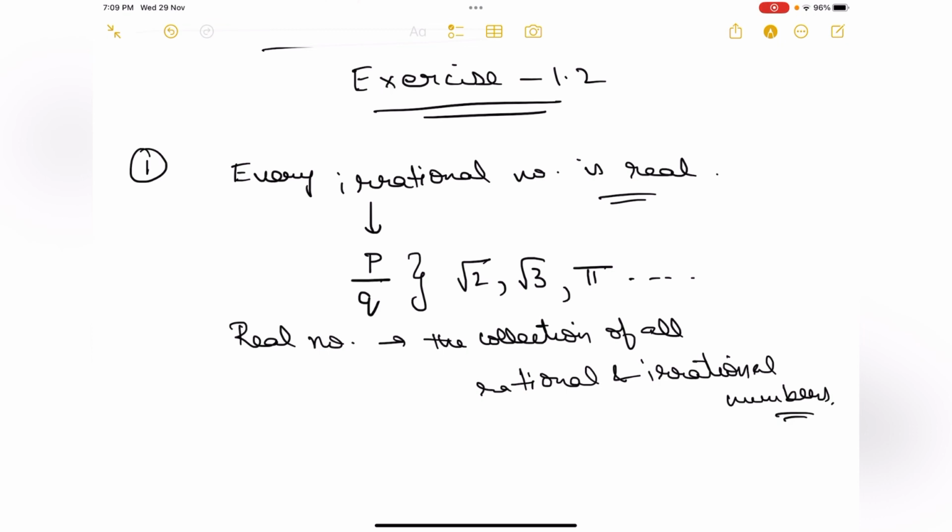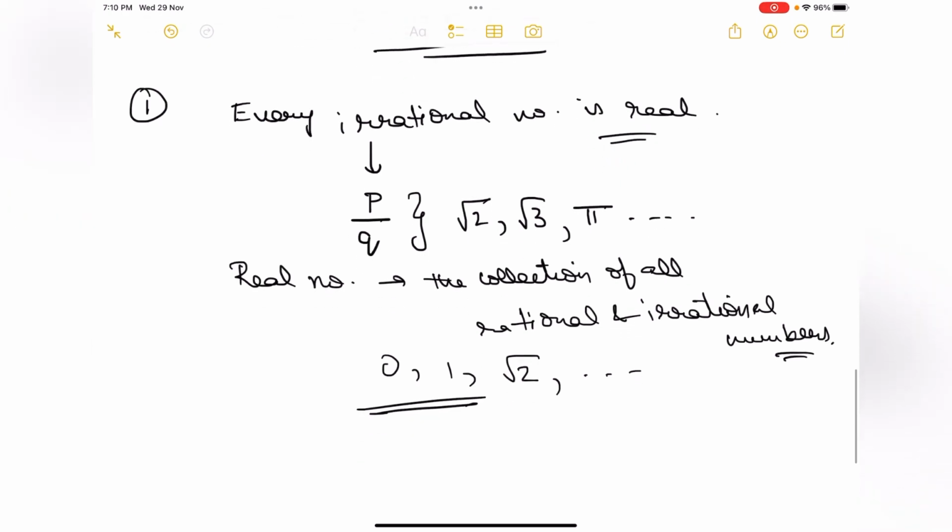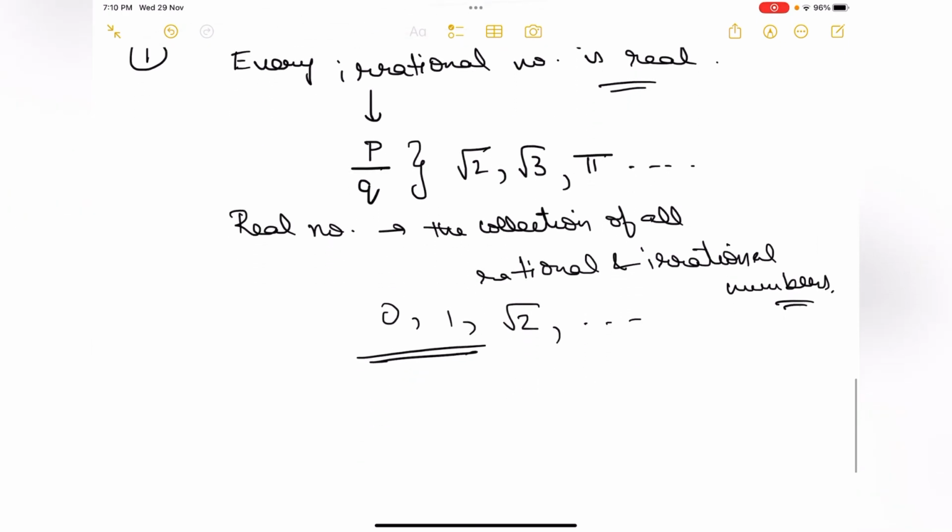Therefore, all rational numbers and irrational numbers together are known as real numbers. Examples are 1 by 2, root 2, and so on. Therefore, yes, every irrational number is a real number. Now that was the first point.